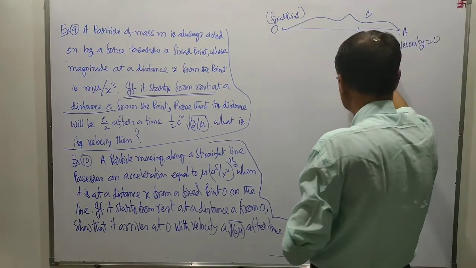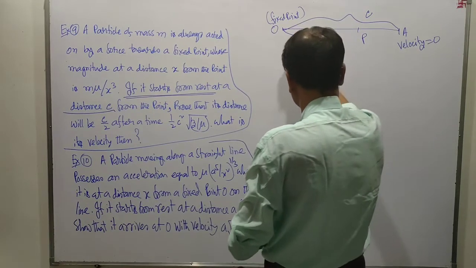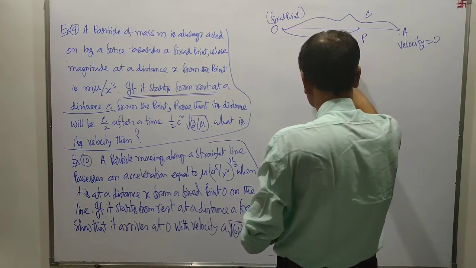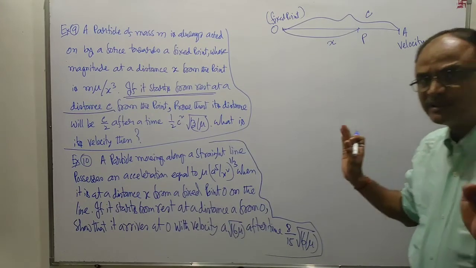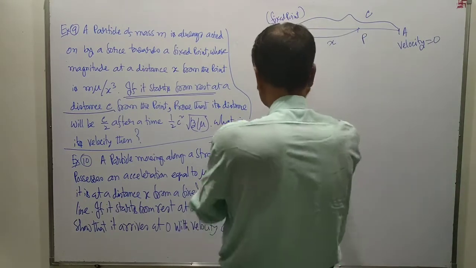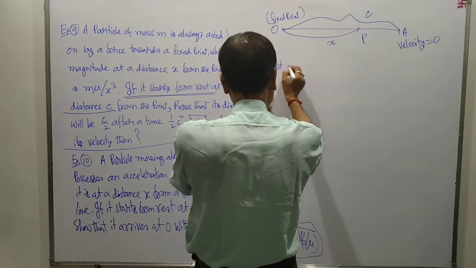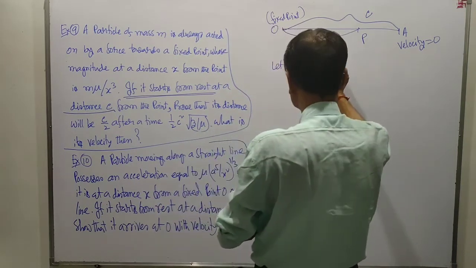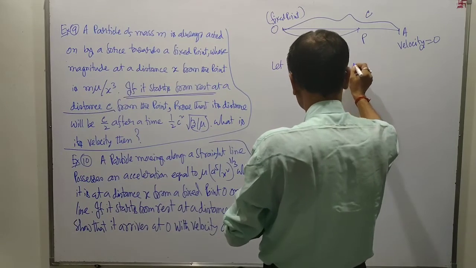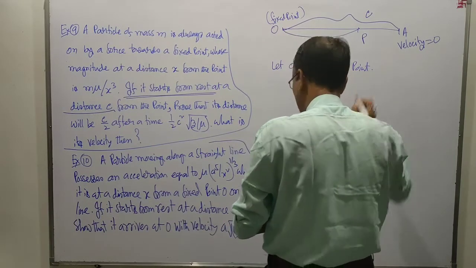Suppose P is the position of the particle at any time t, OP equal to x. Let me write this. Let O be the fixed point. It is called the center of force.